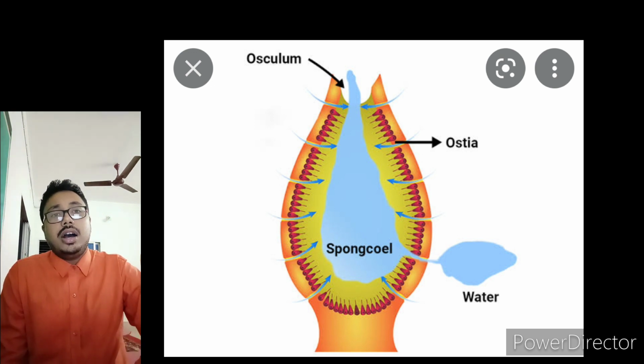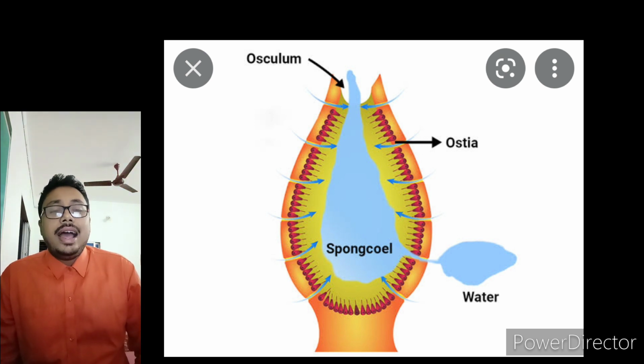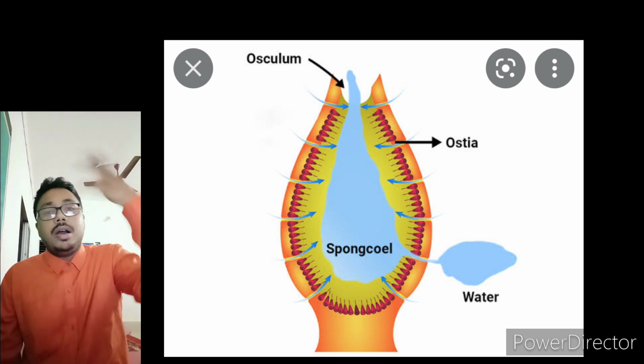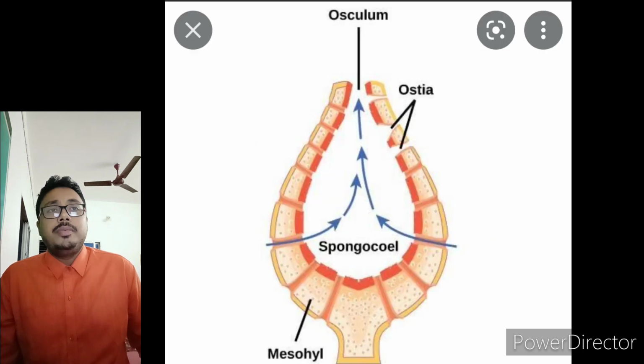There is a hole on the top of the organism, and that pore is known as osculum, which is the opening through which water exits from the body. So the numerous pores from where the water enters inside the body are known as ostia, and the one large hole from where water comes out of the organism is known as osculum.